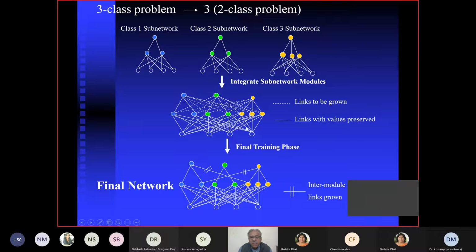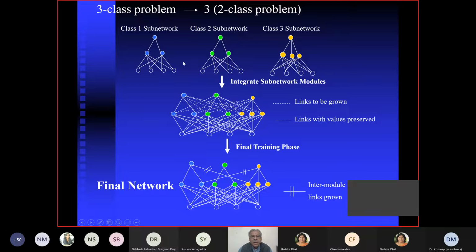So for those I get low mutation probability, for these high mutation probability. And therefore I get a final network, for example, here. So I have grown this intermodule link. All those dotted ones were not there. Only a few of them have grown. So that's how I get the number of links.